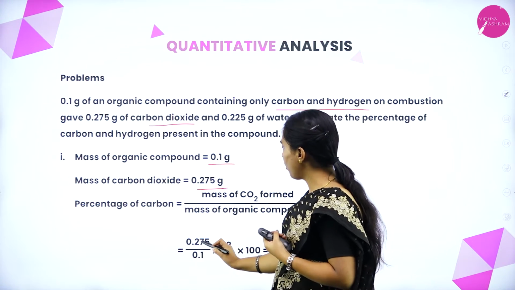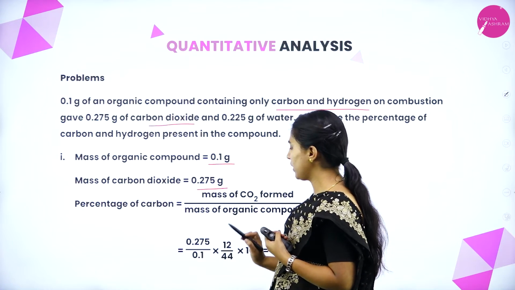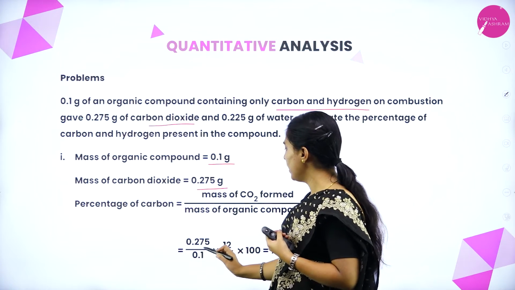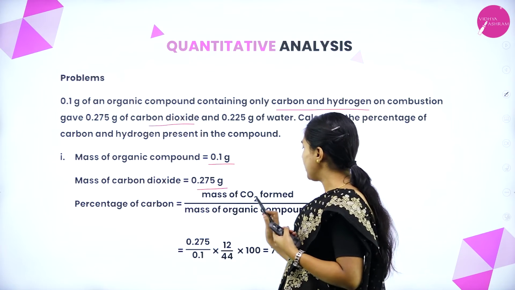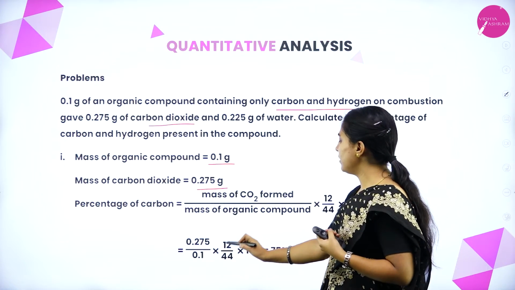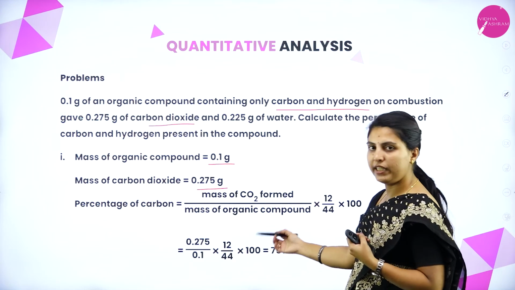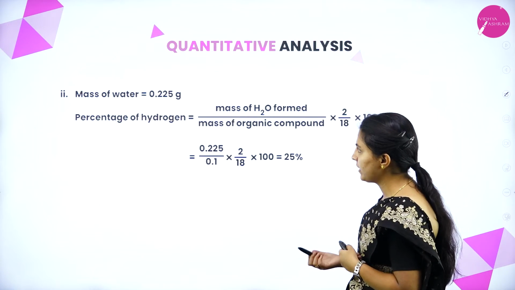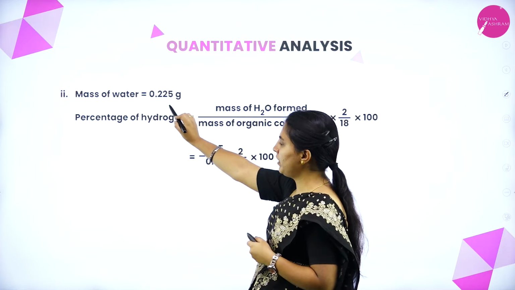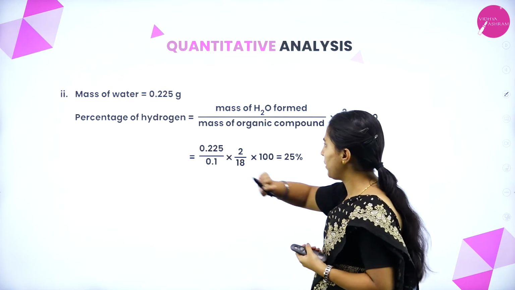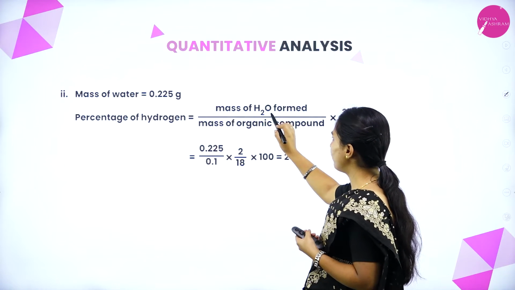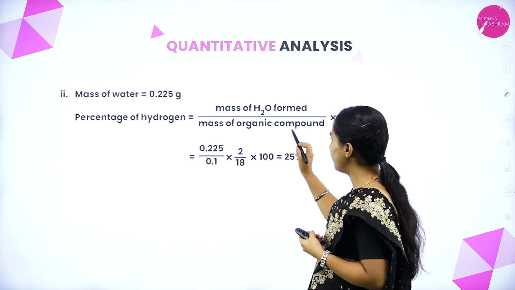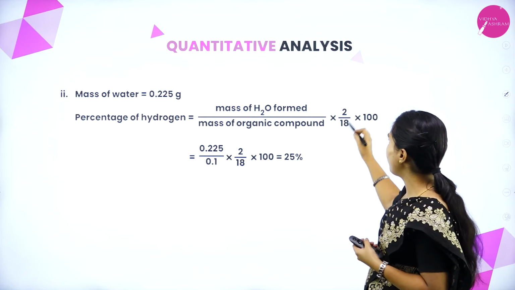What they have given: 0.275 is the mass of carbon dioxide, and 0.1 is the mass of organic compound. We will get the answer by this equation. The overall is 75%. Next is the mass of water they have given. Just identify the percentage of hydrogen: mass of water formed by mass of organic compound into 2 by 18 into 100.